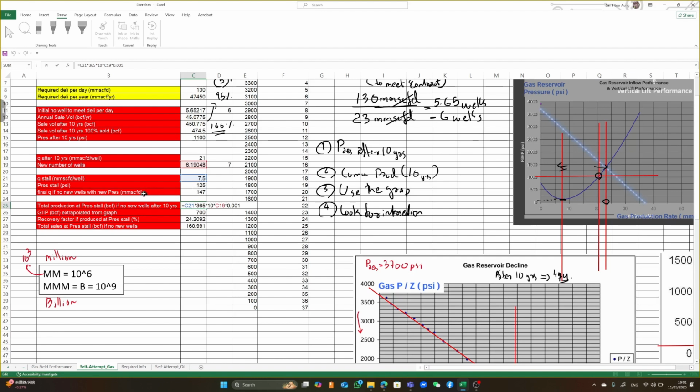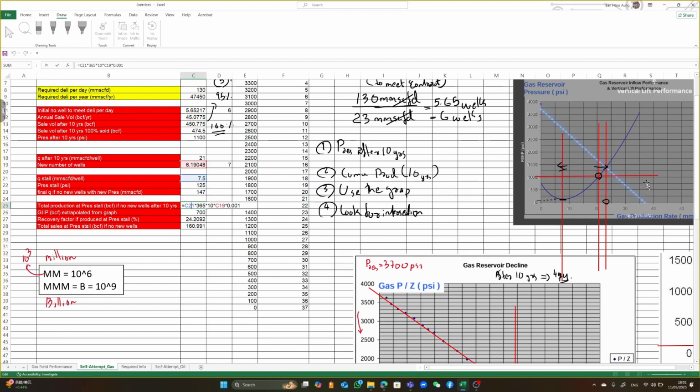With this stall flow rate at the stall reservoir pressure, we then multiply this with 10, which gives us the 10-year production profile of gas with this flow rate at the stall reservoir pressure.